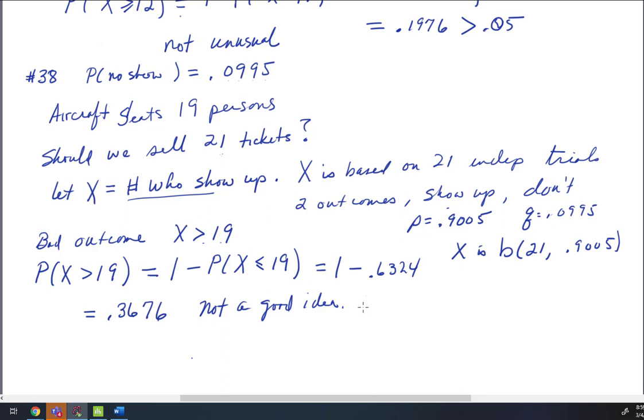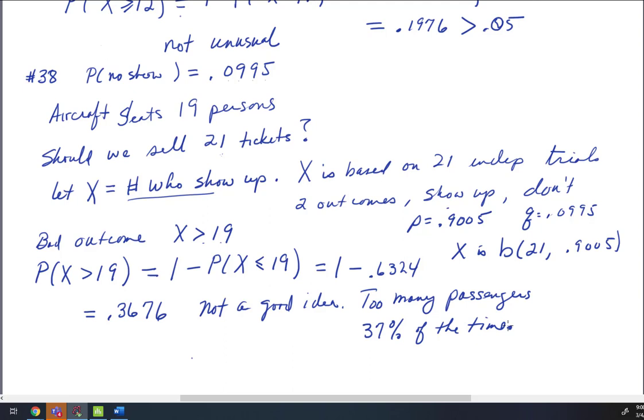I oversold the seats. Let's just say too many passengers (37% of the time). And that's got to be a bad business model.